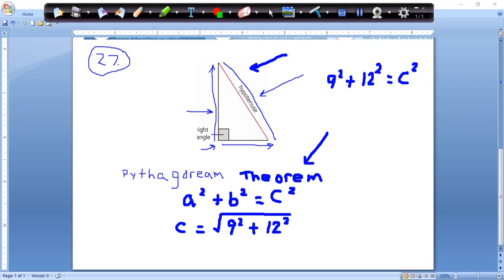So you have to express it as a square root. This is your answer. And if you look at the answer choices, the only one that can be correct is C. So the answer is C.